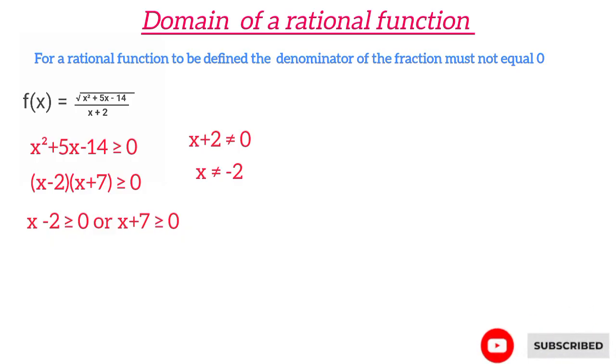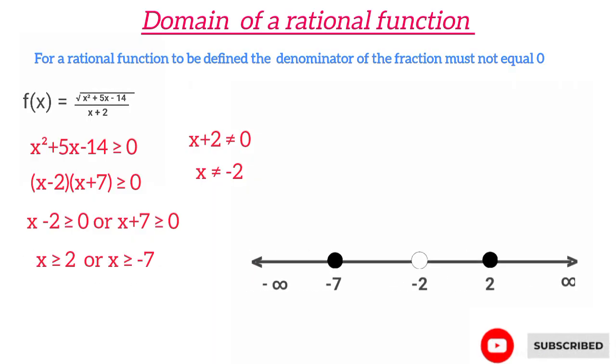And this becomes x is greater than or equal to 2, or x is greater than or equal to minus 7. So we have x cannot equal minus 2, x greater than or equal to 2, or x greater than or equal to minus 7. To find the domain of this function, we need to take the intersection of these three values. To do that, we put these numbers on a number line.